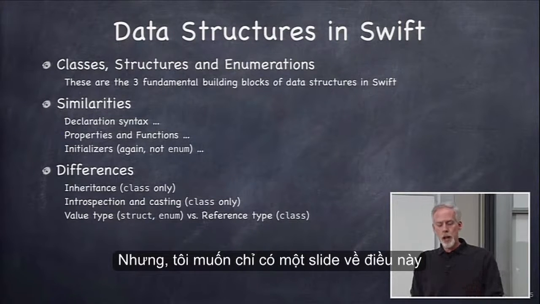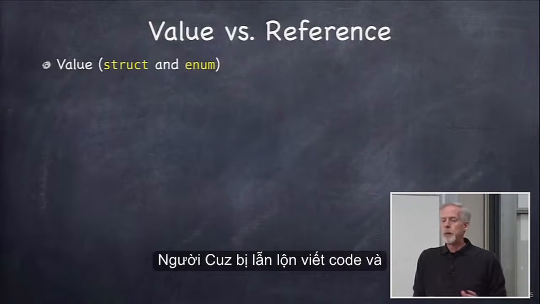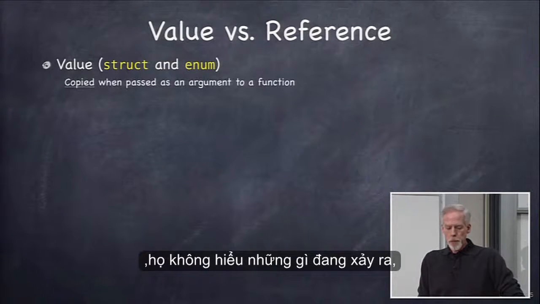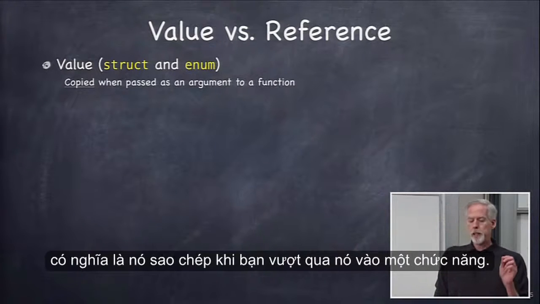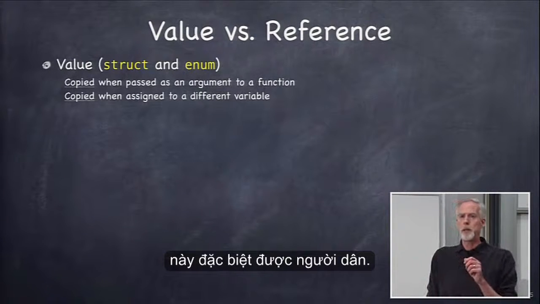But I want to just have a slide on this value type versus reference type again, because it's a really important thing to understand, because people get confused writing the code and they don't really understand what's going on. But a value type, struct and enums, means that it's copied when you pass it into a function. It's copied when you assign it to a different variable. This one especially gets people, they don't understand this.